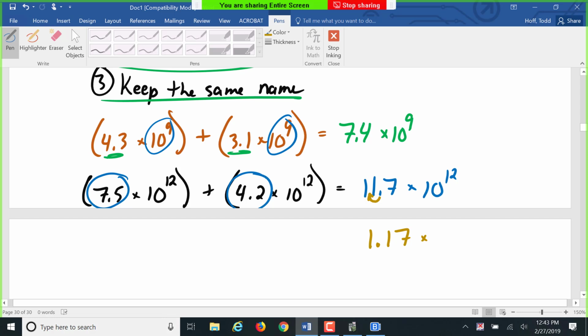So did the number get larger or smaller? It went from 11.7 to 1.17. It got smaller. So to make up for it, the power has to get larger by 1. So that becomes now 10 to the 13th. Very good.